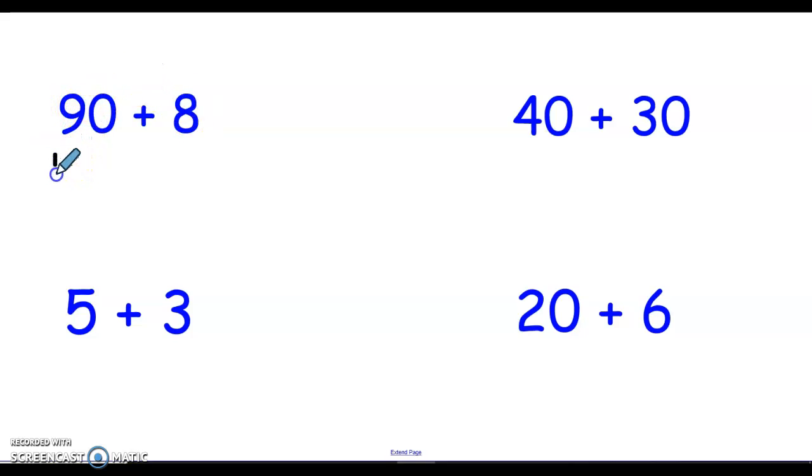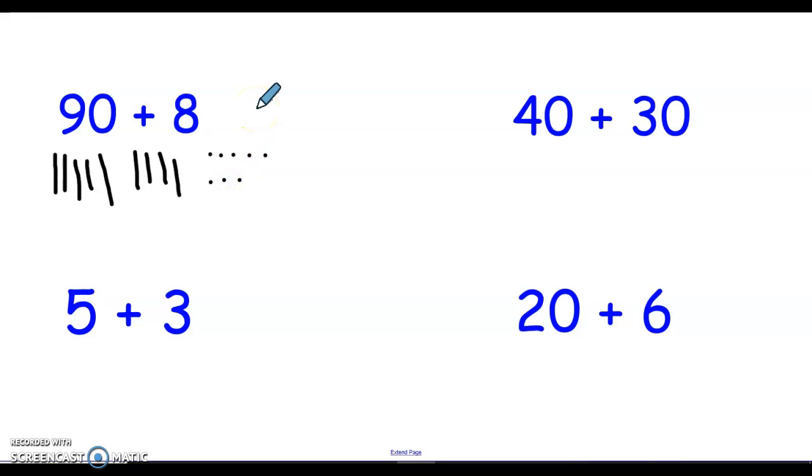So we have 9 tens. 1, 2, 3, 4, 5, 6, 7, 8, 9, plus 8. 1, 2, 3, 4, 5, 6, 7, 8.